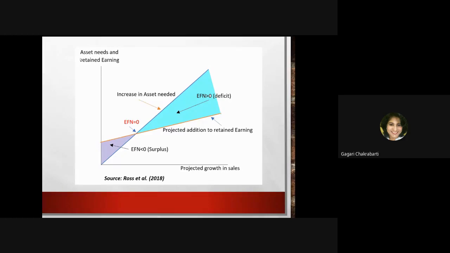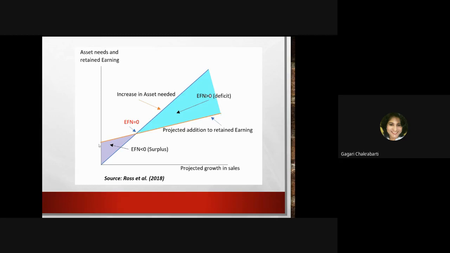So here we have two lines. The projected addition to the retained earning: we are assuming that the retained earning will be increasing, and the ratio is not increasing, but since the sales are increasing, given the ratio, there will be a projected addition to retained earning also. And there will be an increase in asset needed, because in order to produce more sales, you will need more assets.